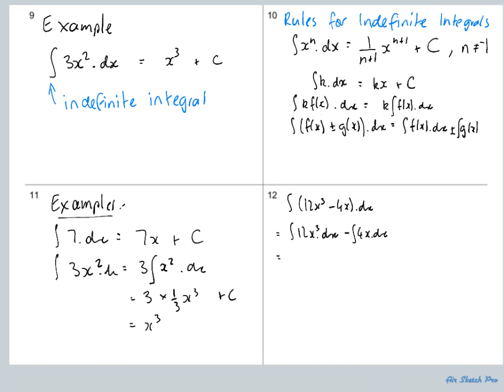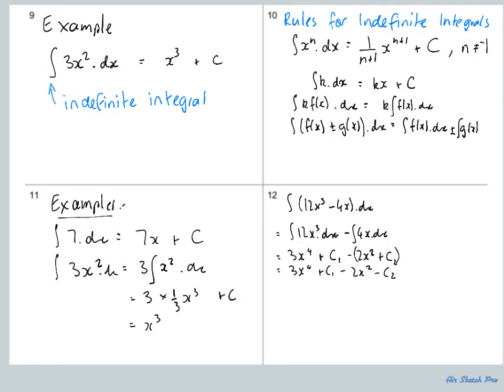And then that would give you, what is that? 3x to the power of 4 plus c1, minus the integral of 2x squared plus c, which equals 3x to the power of 4 plus c1 minus 2x squared minus c2.